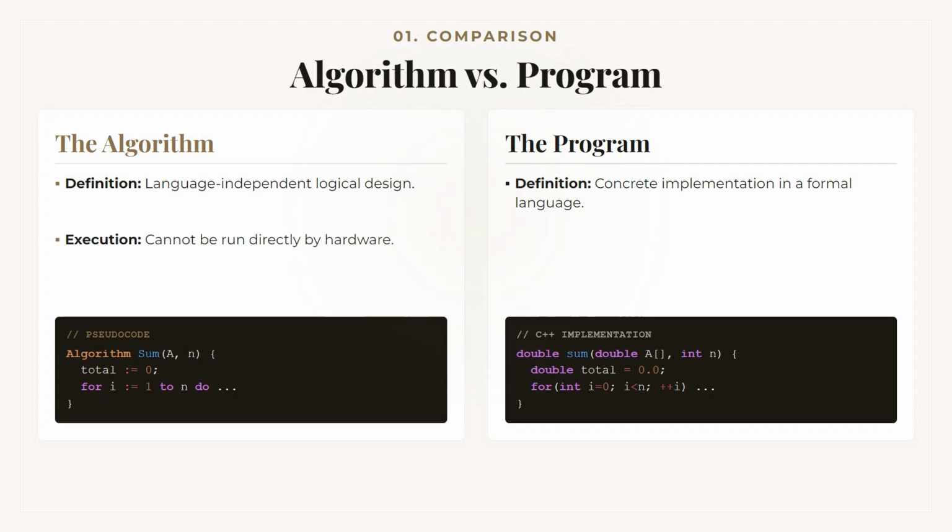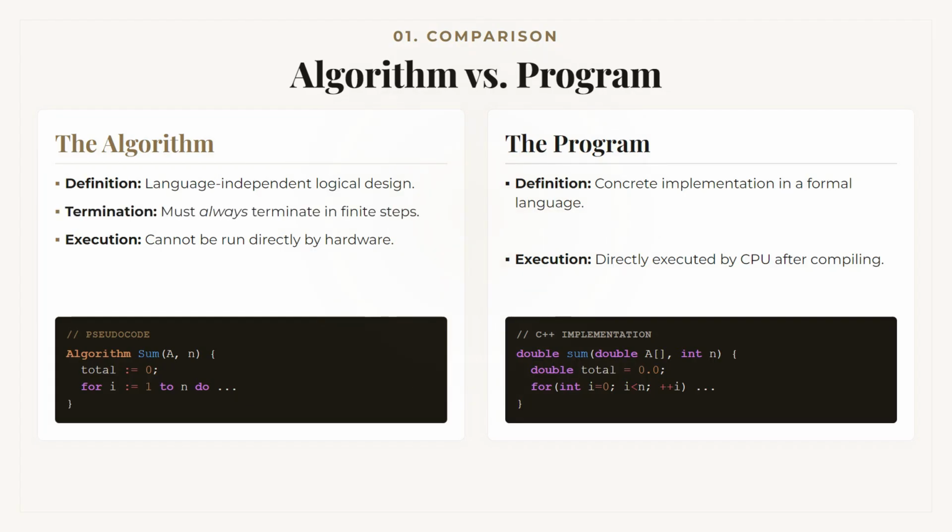An algorithm cannot be executed directly by a computer because it is only a description of the steps. A program can be executed because it is written in a language that the computer can understand after compilation or interpretation. Another important difference involves termination. An algorithm must always terminate after a finite number of steps.